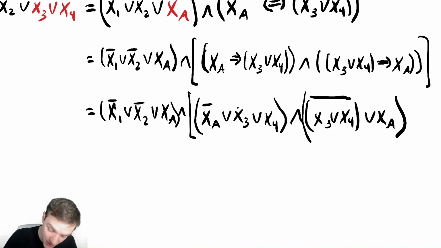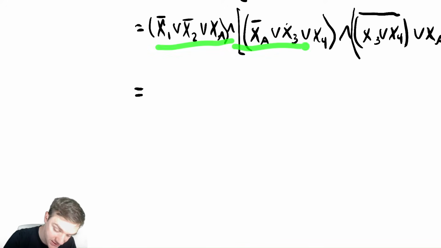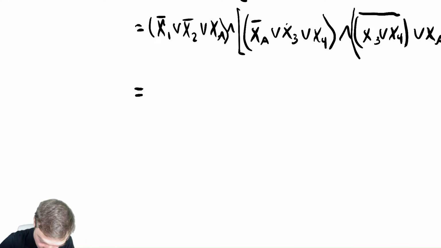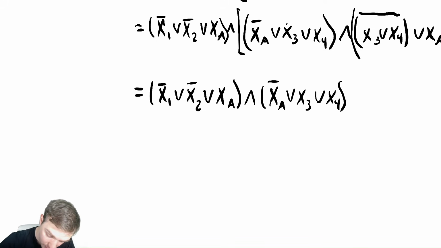And now we need to use our good old friend De Morgan for his laws, which say how you negate an or. So we have these first two terms now look good. It's an or of three things and an or of three things. So we just got to deal with that last one. This is x1 bar or x2 bar or xa, and xa bar or x3 or x4.